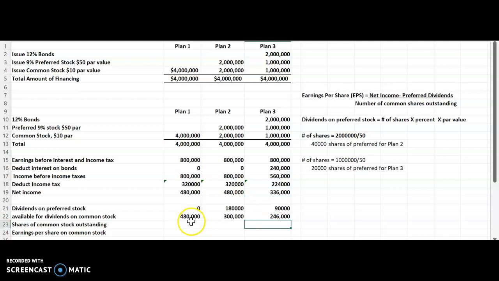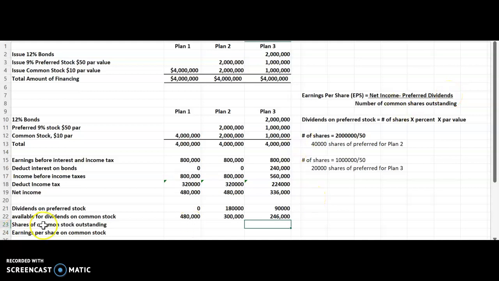So now we have our net income available on common stock. And this is the numerator for our earnings per share calculation. We took net income and we subtracted out the preferred dividends.